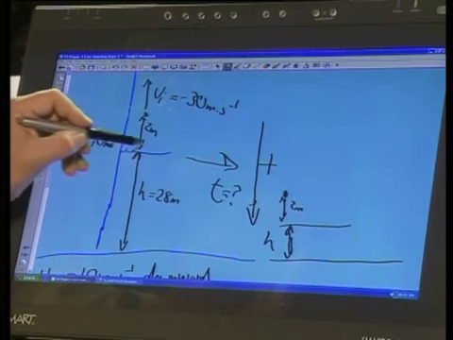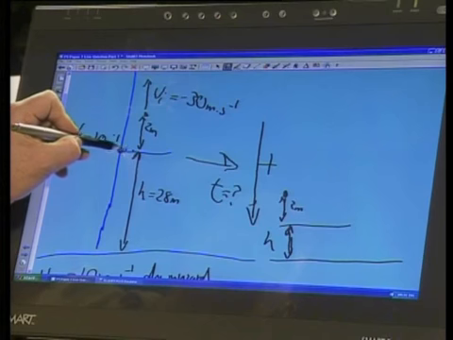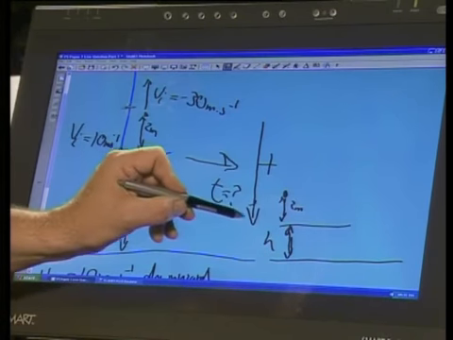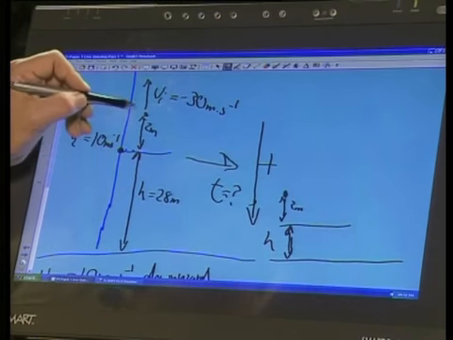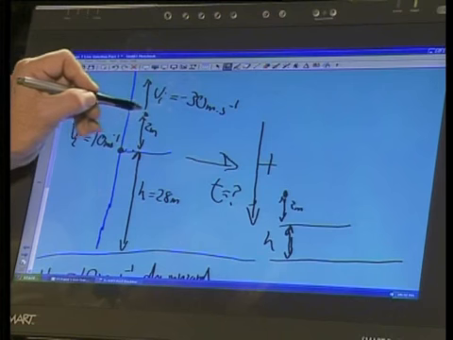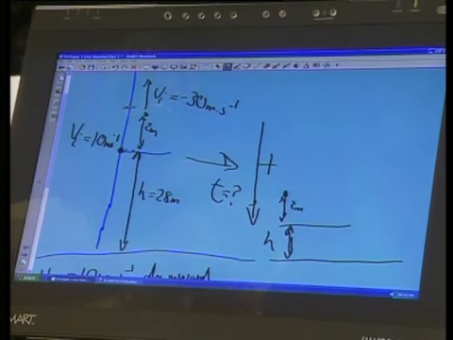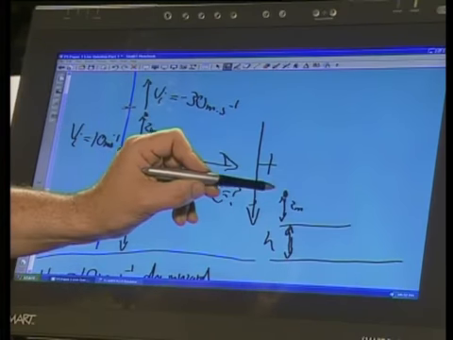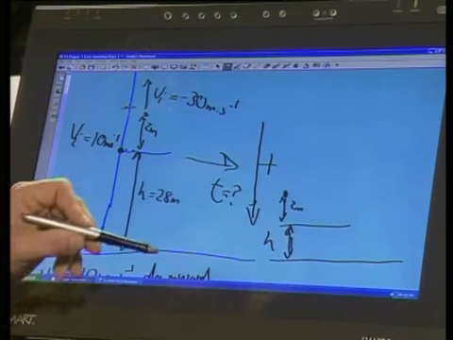I'm looking for the change in position between where I initially started, which was over there, and where I'm going to get to, my final position. So can you agree with me for the moment that the ball started 30 meters above the ground and it's going to end up a distance of 28 plus 30 minus 2 minus h.